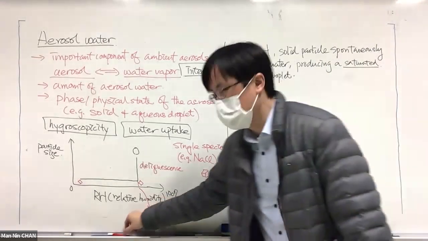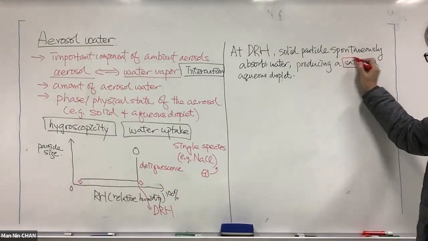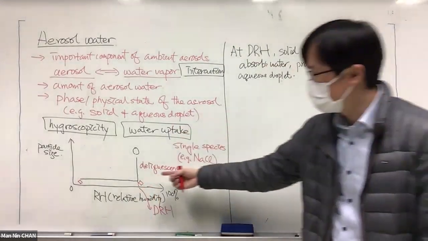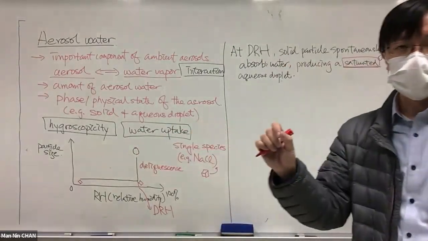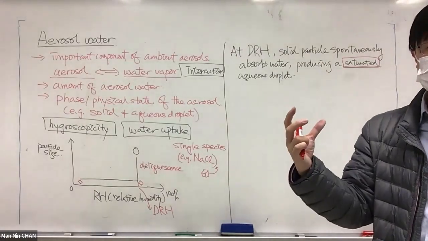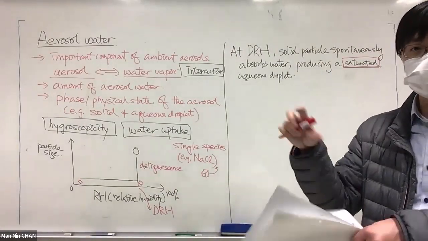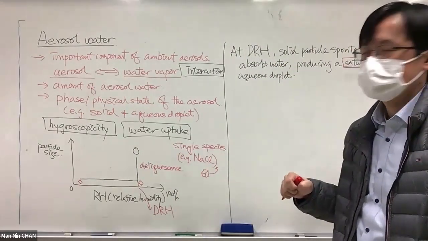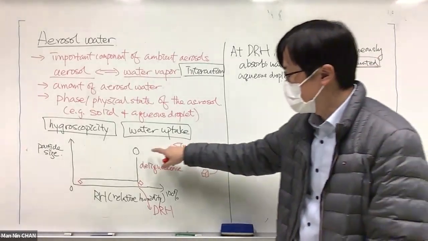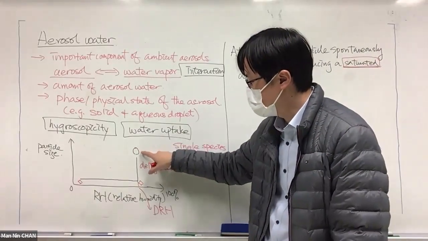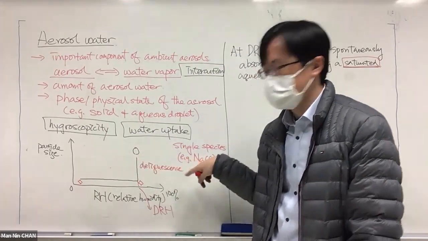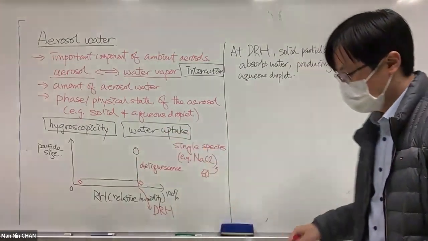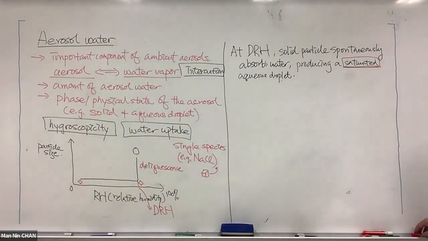This point is also important, because you produce a saturated solution at this point. Because you absorb the water, the droplet you form should be more like a saturated solution, the maximum concentration you can achieve. If I further increase my RH, I absorb more water and just dilute the droplet.